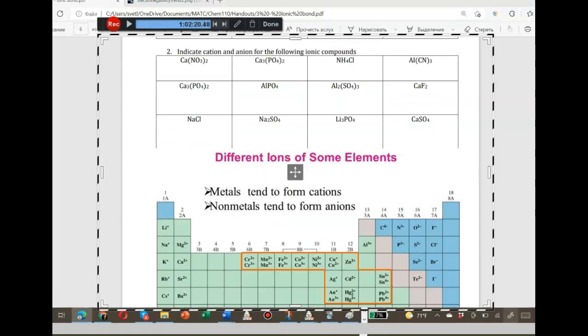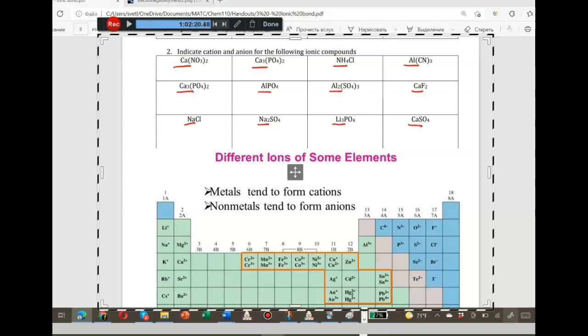So the next one, you need to indicate cations and anions for the following ionic compounds. In 100% of cases, cations are located at the beginning of the formula. So I'm going to write them down: cations, and so on for each compound.